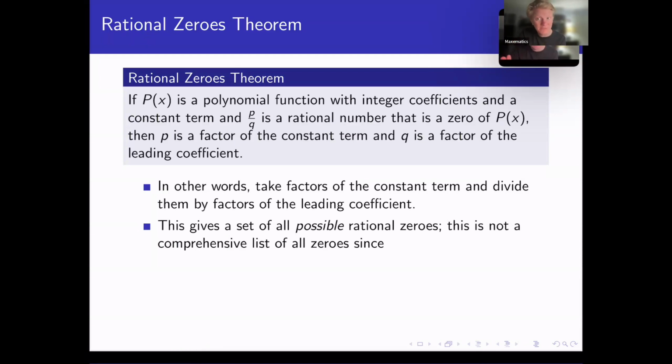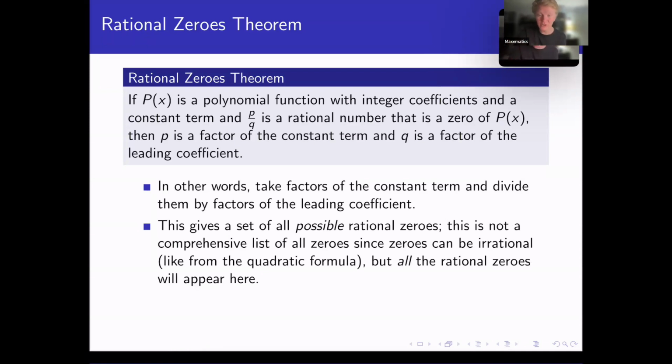Not a comprehensive list of all zeros, since some zeros can be irrational, like zeros you can get from the quadratic formula, but it is a list of all rational zeros that will appear in your function. So for example, if your function has a rational zero, it will appear in this list, but it just won't be a list of all of them. And you're also going to get plenty of other ones that are not zeros either.